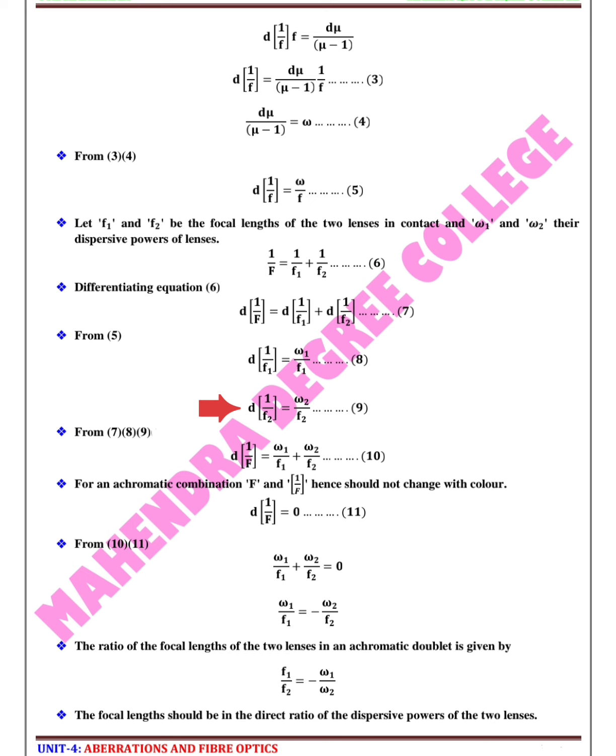Differential of 1 by f2 equals omega 2 by f2. This is equation number 9, where f2 represents the focal length of the second lens and omega 2 represents the dispersive power of the second lens.